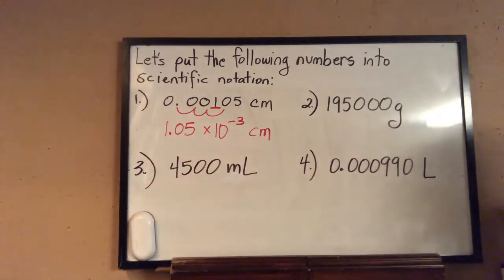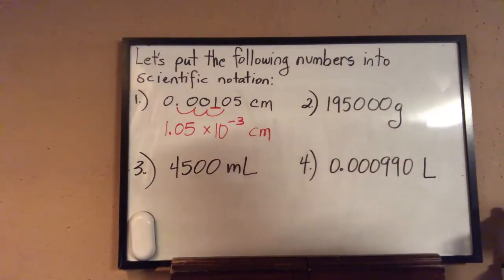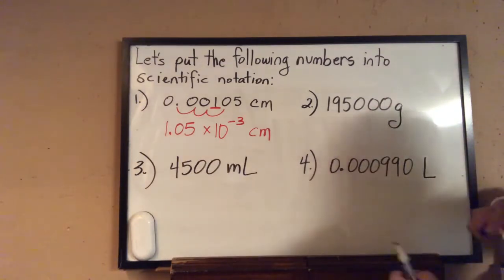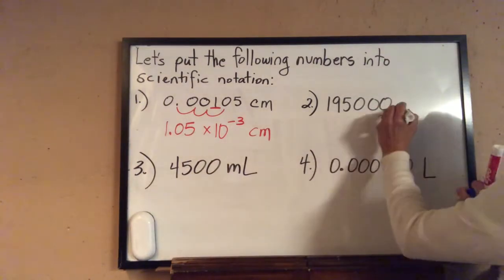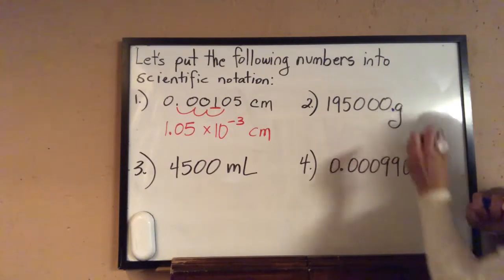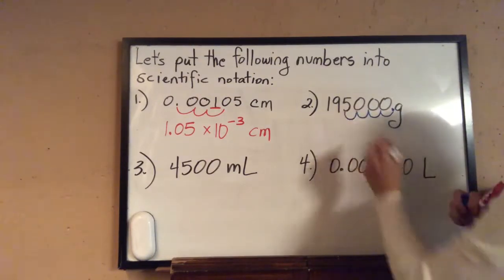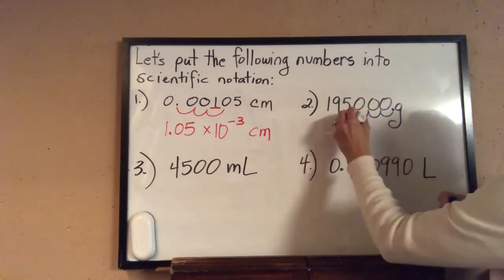We have a pretty large amount of mass, 195,000 grams. Let's put this into scientific notation. There's no decimal, but the decimal is understood to be right here. 1, 2, 3, 4, 5.